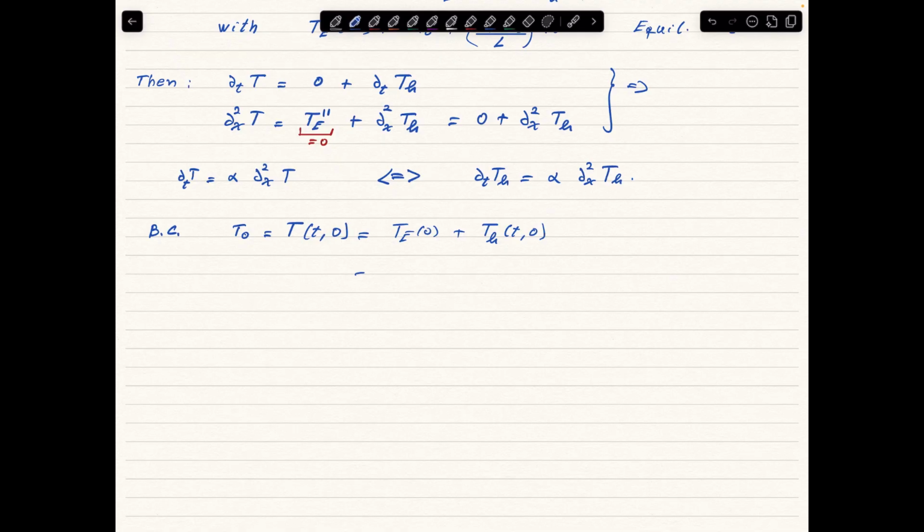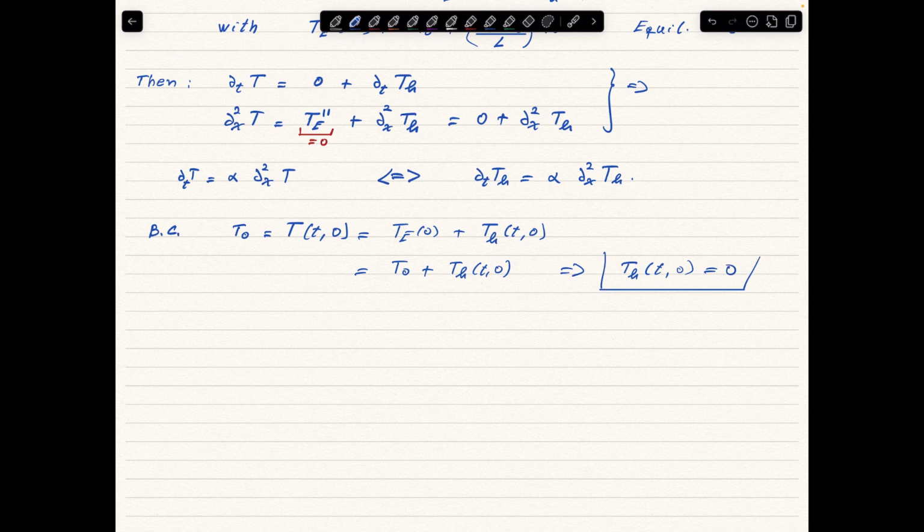We know that this is by construction T0. And here we still have TH. Well, this cancels with that, and TH must satisfy homogeneous boundary conditions at x equals 0. This has to be 0.